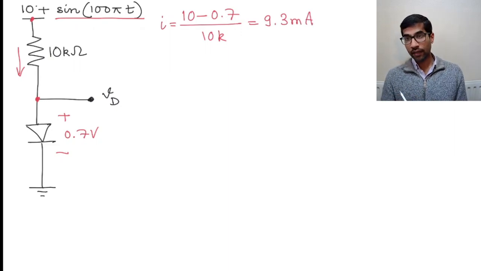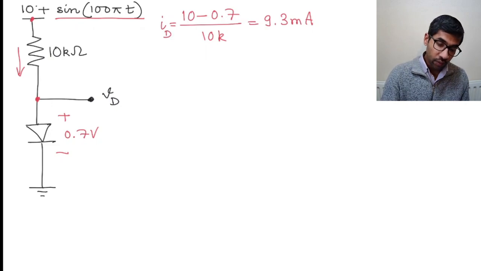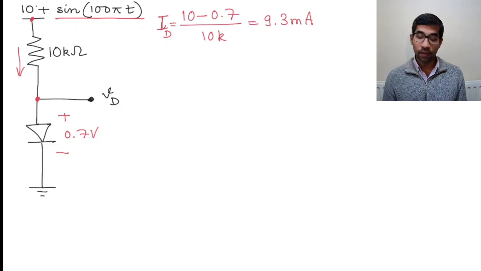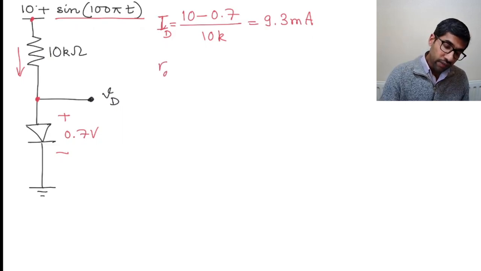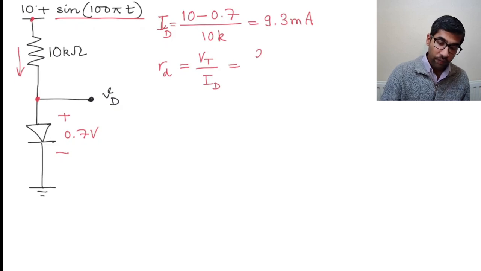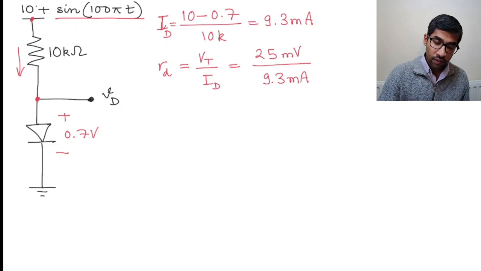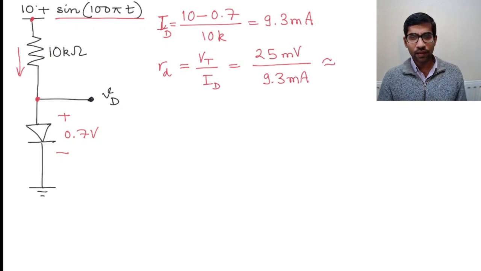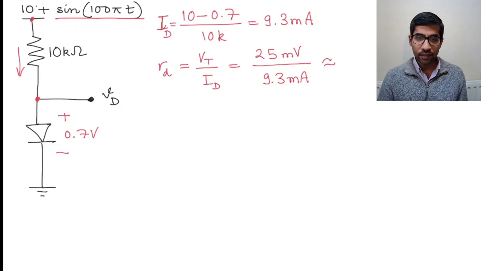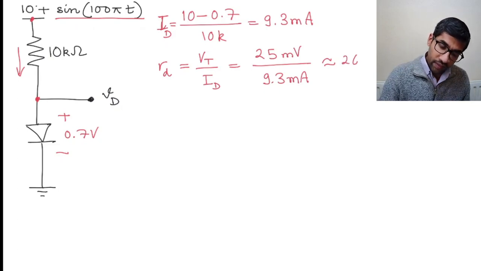Now, this current is basically the diode current, and let me write it as capital I_D just to show that this is a DC value. What will be the small signal equivalent resistance of the diode? That is given by V_T over I_D, right? That turns out to be 25 millivolts divided by 9.3 milliamperes, which is approximately around 20... so it turns out to be 26.9 ohms.